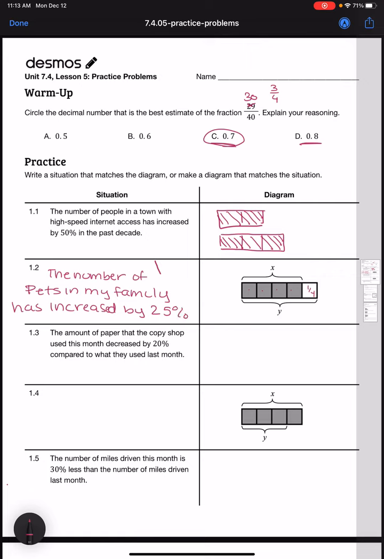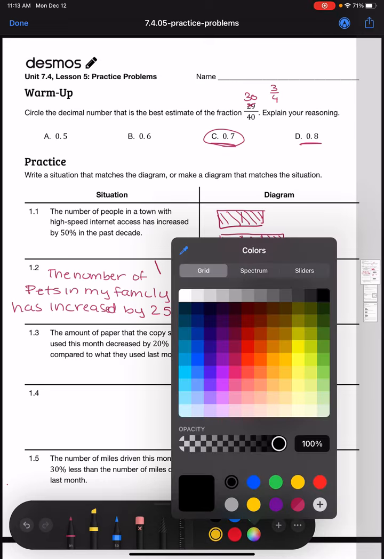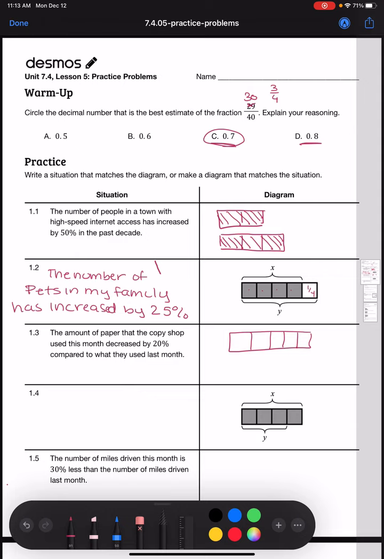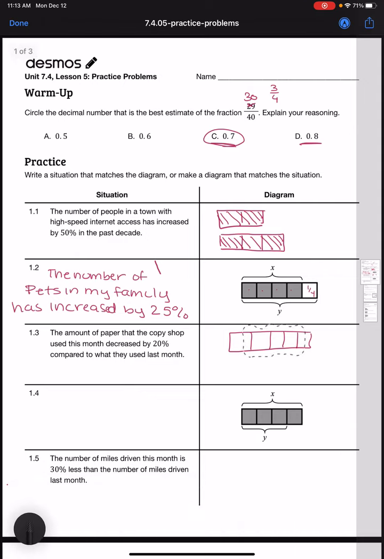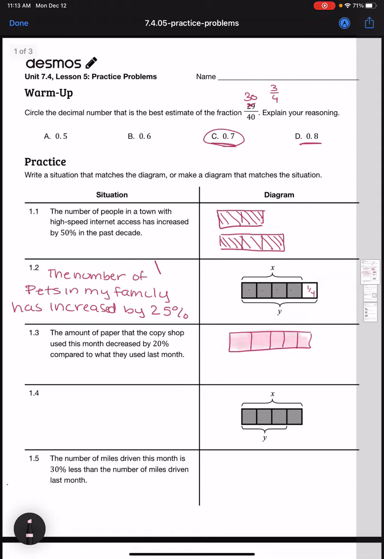The next one says the amount of paper that the copy shop used this month decreased 20% compared to what they used last month. So I know 20% works well with 5s. So I'm going to do 1, 2, 3, 4, 5. Color that in, so 5 out of 5.